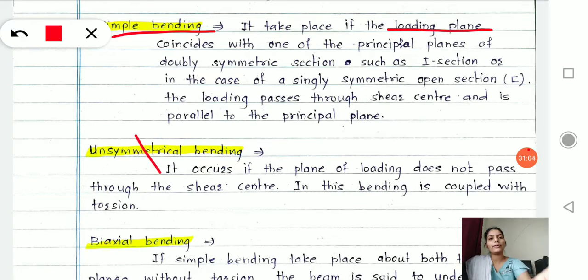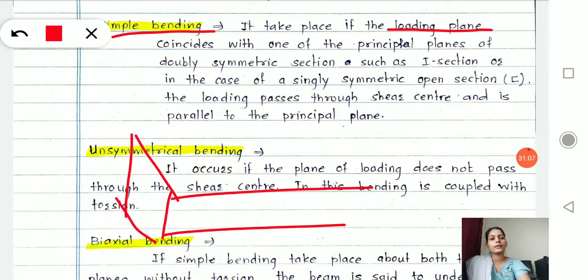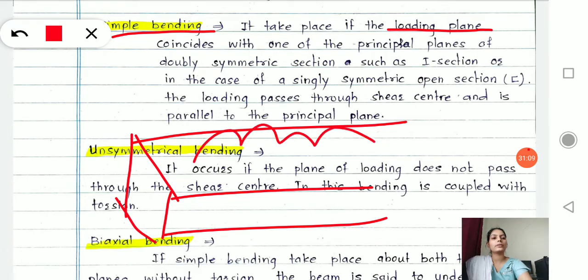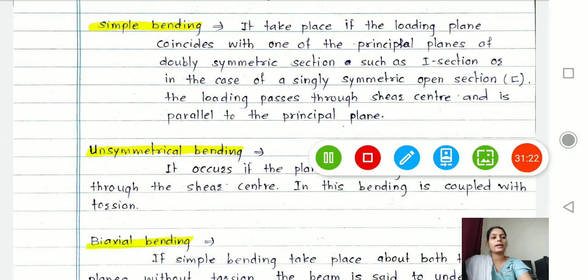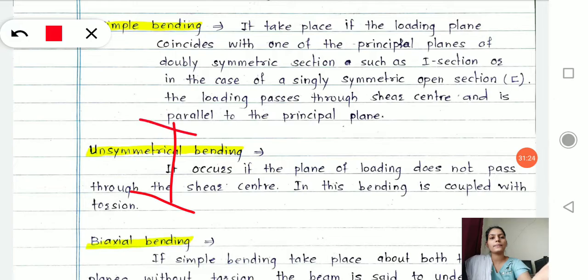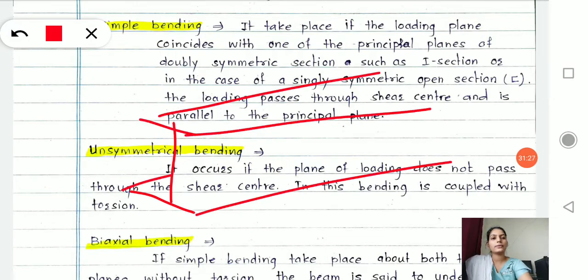Whatever loading plane of your beam, the plane in which you have applied the loading, needs to coincide with the principal planes. Let's suppose I have used an I section as a beam, and on this I section I have applied a loading, and the plane of that loading needs to coincide with one of the principal planes of a doubly symmetric section.